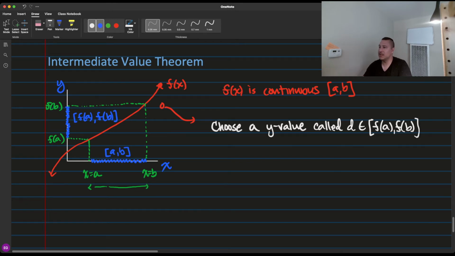So what I'm saying is choose a y value between f of a and f of b, such as this point right there in red. Okay, we're going to call that d.